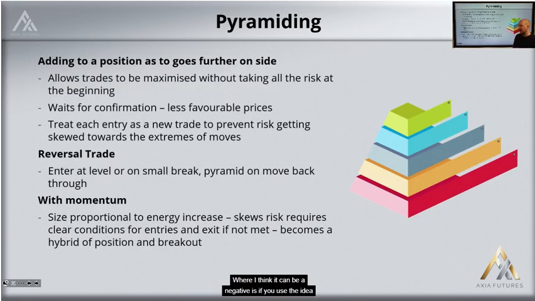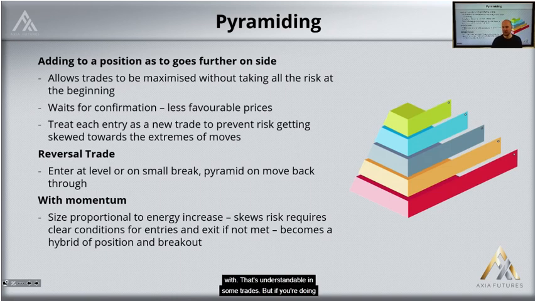Where I think it can be a negative is if you use the idea of pyramiding as a reason to justify not putting the size on early because you're trying to protect yourself. What I mean by that is, if you're very confident on a trade, let's say you intend on putting 10 lots on, and you put 2 lots on the basis that you can add the rest on later so that you take a minimal risk to start with.